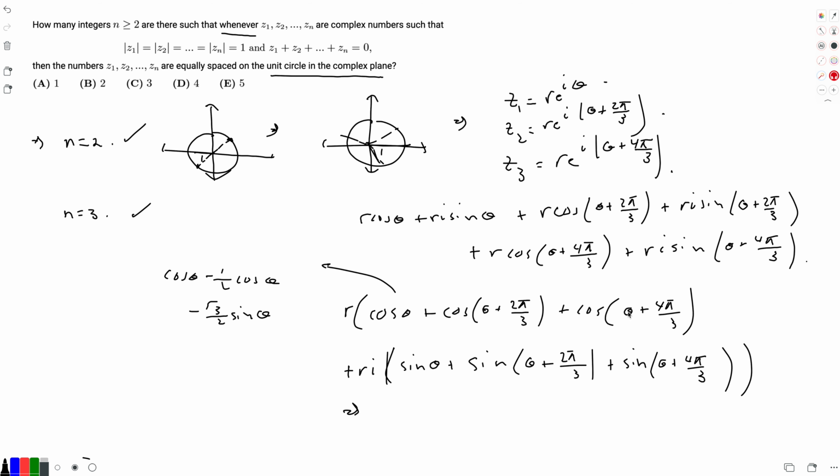And then this becomes cosine theta, cosine 4 pi over 3, which is just negative 1/2 cosine theta. And then minus sine theta, sine 4 pi over 3, that becomes negative sine theta times negative root 3 over 2, or plus root 3 over 2 sine theta. And we see that this becomes negative 1, which cancels with this, and the whole thing goes to 0.